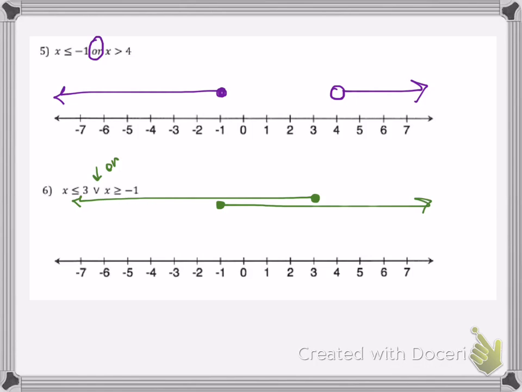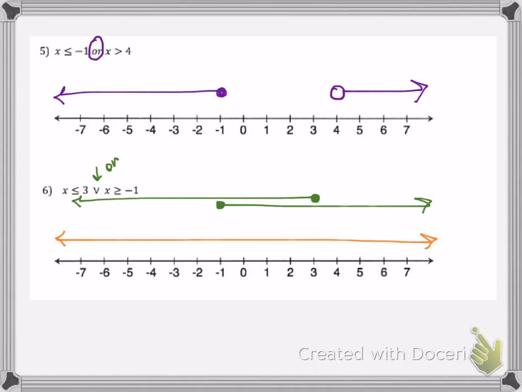So basically I need to shade the region of where values would fit at least one of those inequalities. But if you look at this inequality and this inequality, both shade the entire number line. So because it's a disjunction, our solution set is basically all reals. It's the entire number line.